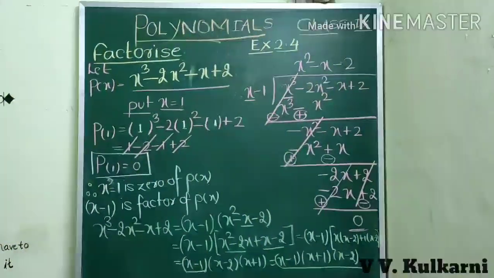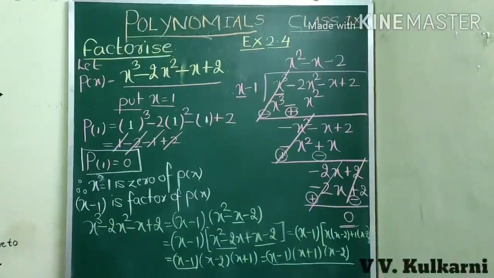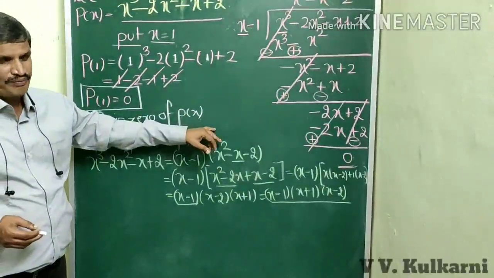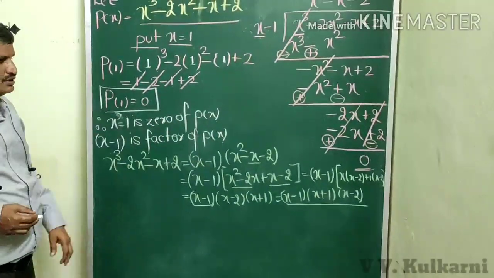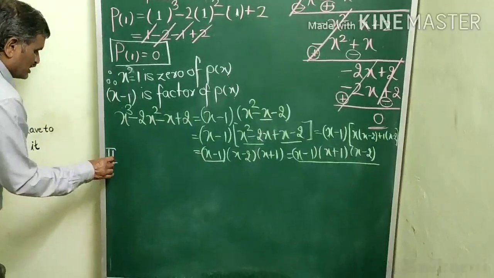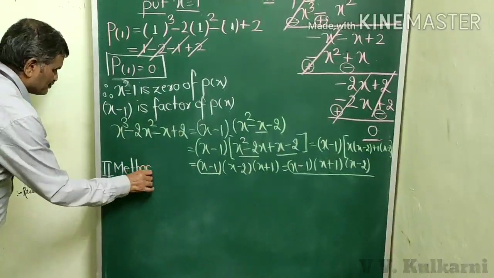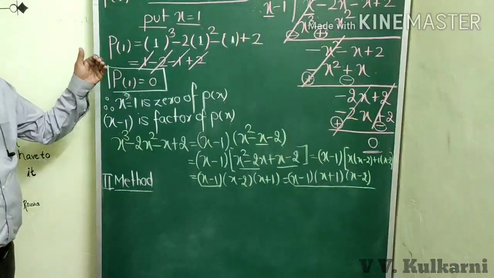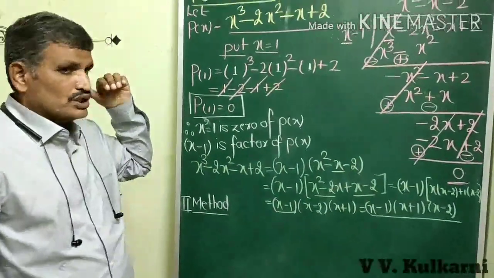So what is that shortcut method? I'll tell you. In the shortcut method, after x minus 1 is a factor of px, we go by this method. So this method I'll call the second method. In the examination, you are supposed to take any of the two methods. You can solve it.